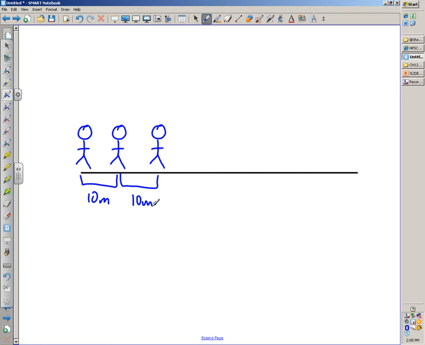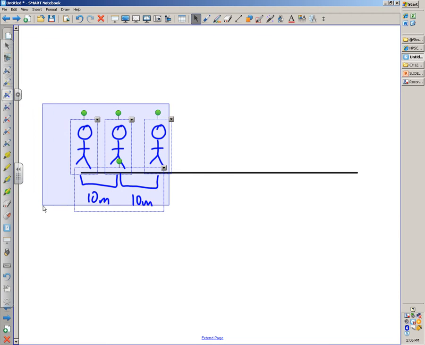They all can run at exactly the same pace, exactly the same speed. So if I start them all at the same time, the gun goes off, all 3 of them start running at exactly the same time.